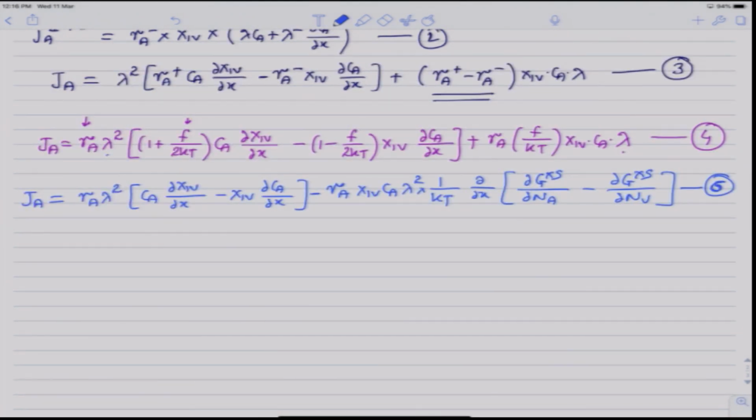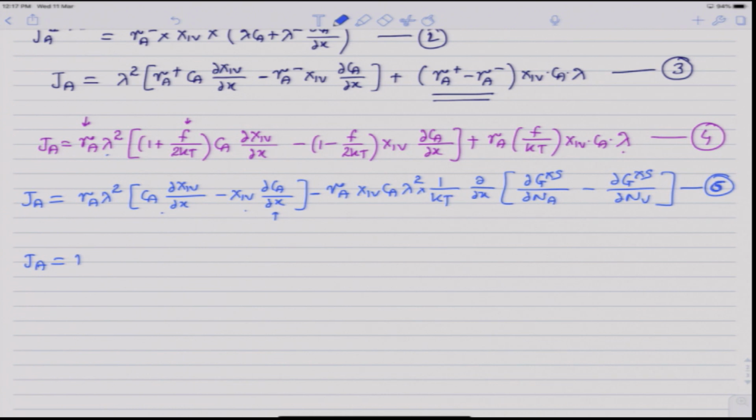Now we can write this dou x1v by dou x term as x1v times dou ln of x1v by dou x, and similarly the second term we can write as Ca times dou ln Ca by dou x. So we have the coefficient of Ca times x1v here and Ca times x1v again here, and so this whole term we can take out.